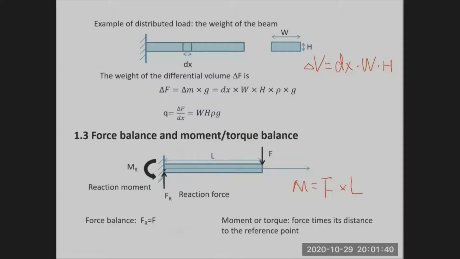We choose this anchoring point as a reference point, so the distance between the force and the reference point is L. So the moment or torque is simply equal to the force times its distance to the reference point. In order to balance this torque, there must be a reaction moment, Mr, and this Mr should be equal to FL to balance this FL. Then the cantilever can reach equilibrium.